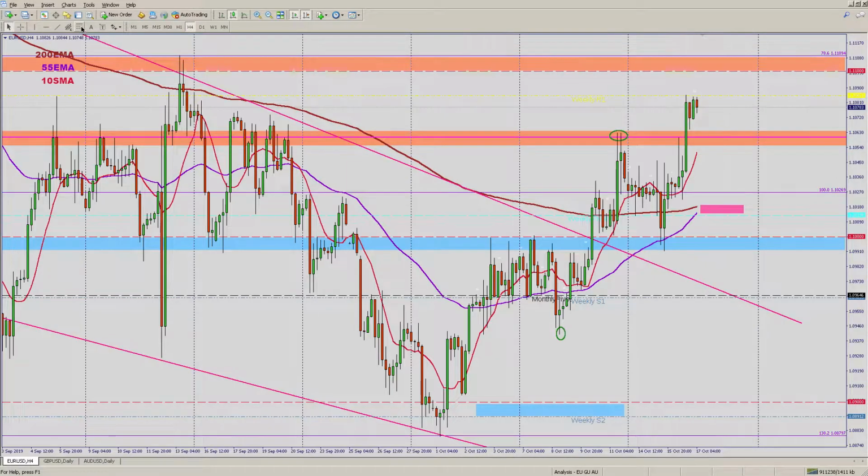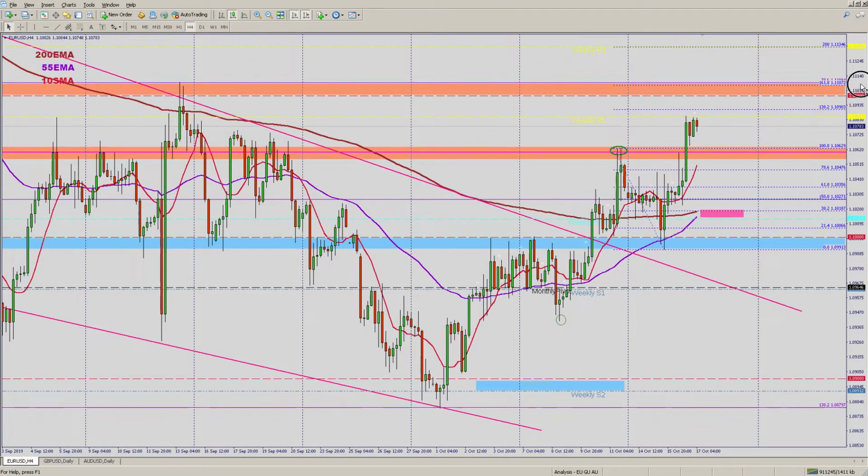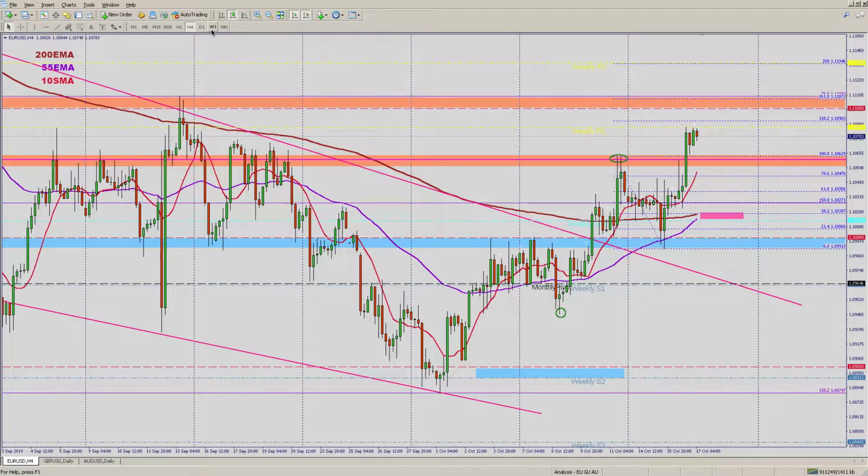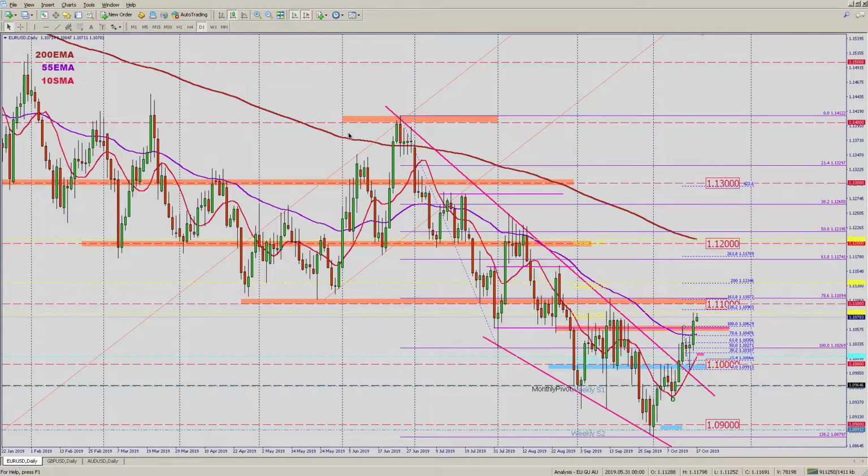Let's check the reversal Fibonacci to see whether it's possible. The 162 reversal Fib extension is at 111.07, also near the 78.6 Fib retracement level from a larger swing.